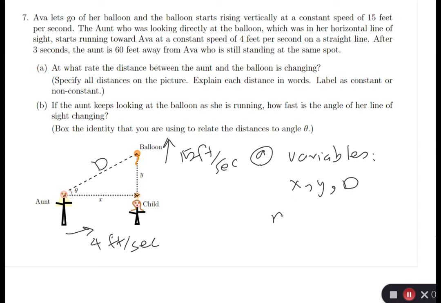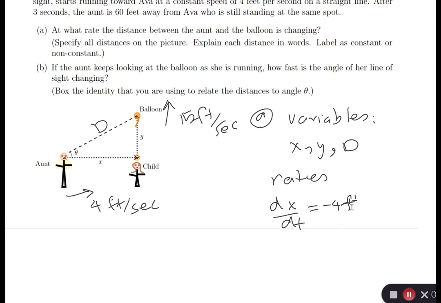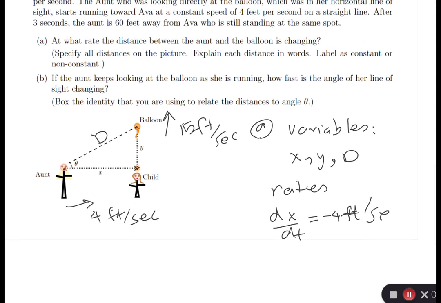So dx/dt is negative 4 feet per second. And what else do I know?